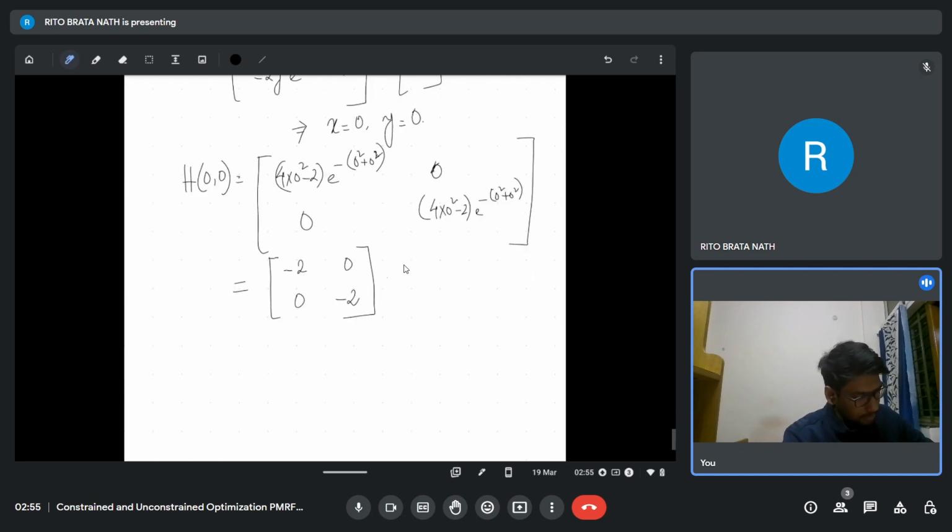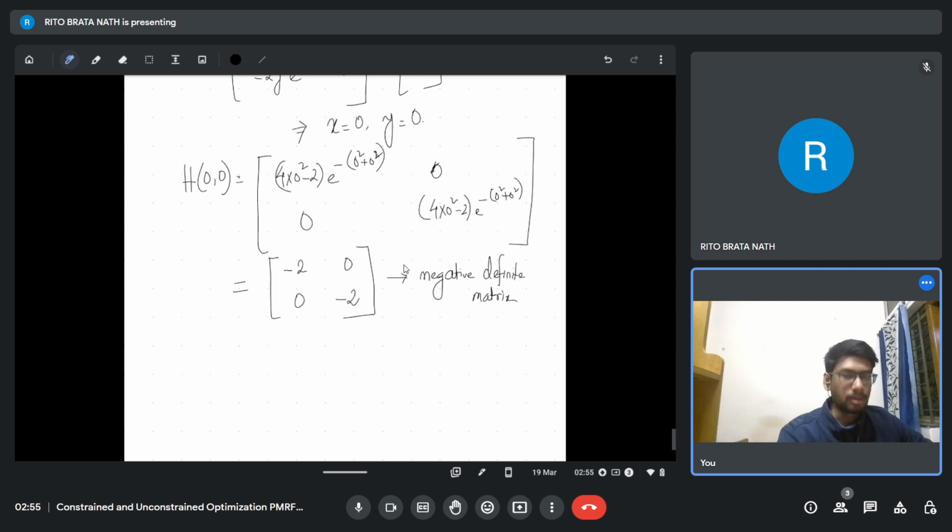Now, this is a negative definite matrix. Why is it a negative definite matrix? Just let me think about it.